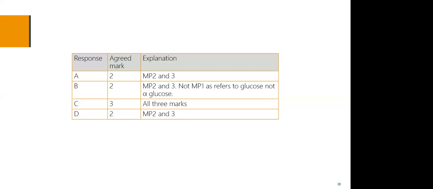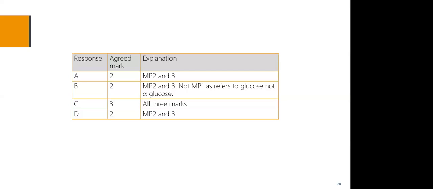Response C gained all 3 marks. In this case, the benefit of the doubt was given because amylose and amylopectin are polymers of alpha glucose, not alpha glucose monomers.